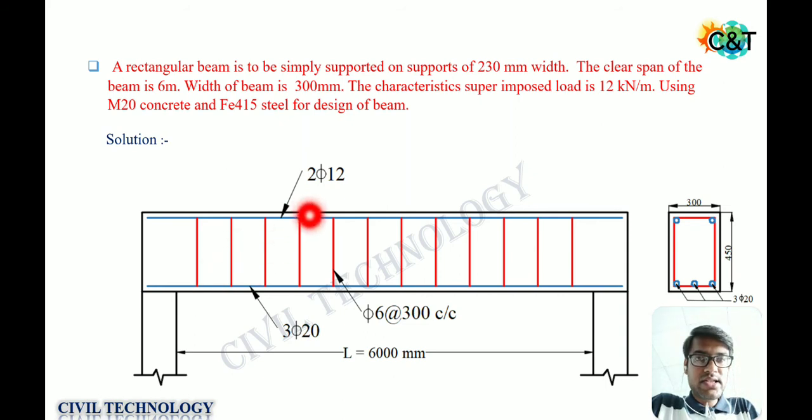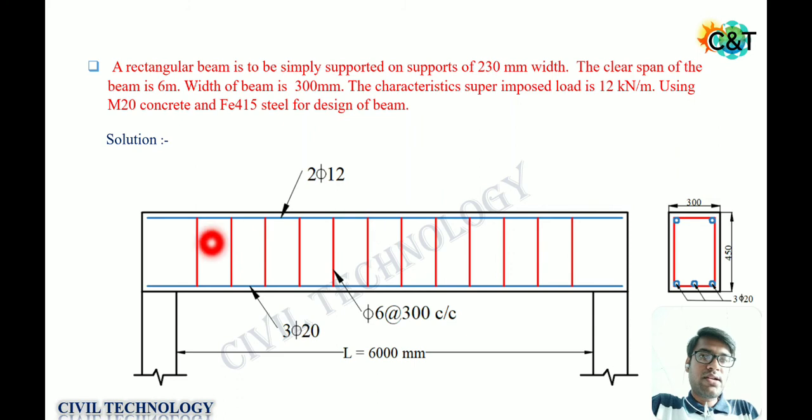These are our stirrups, that means shear reinforcement, 6 mm dia, 2 leg, at about 300 mm center to center spacing, and this is our top reinforcement. For top reinforcement, we just have to provide the minimum reinforcement. So we selected 2 bars of 12 mm dia. You have to calculate the minimum reinforcement, based upon which you can get this value easily.